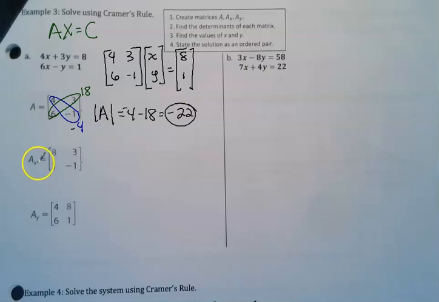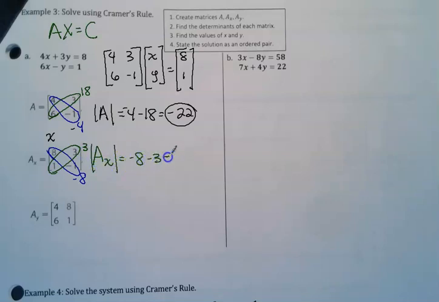Now, A sub x. Remember, I took A and replaced the x values with my constants. That's why I have 8 and 1 here now. So 8 times -1 is -8, and 1 times 3 is 3. So the determinant of A sub x is going to equal -8 minus 3, which is -11.